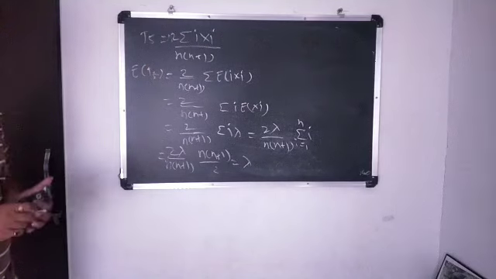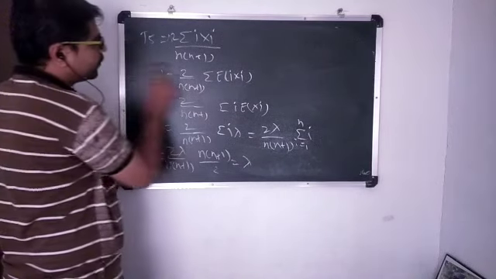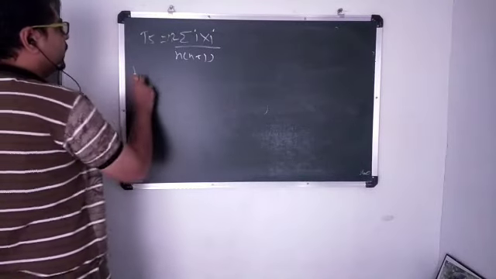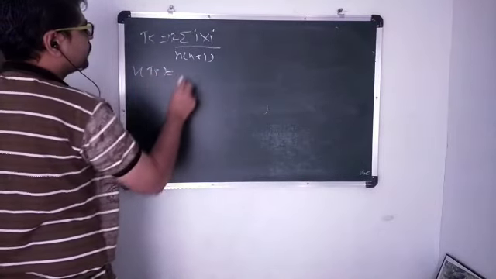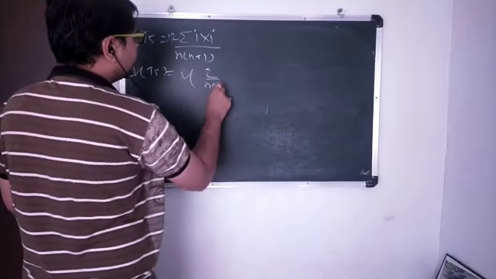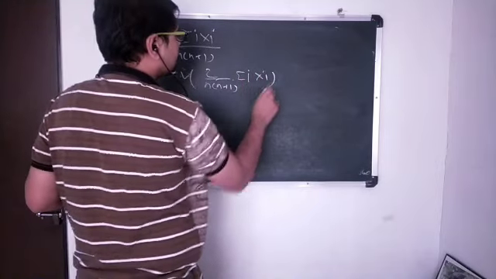So our first condition of sufficiency is proved. Now we will check its variance. The variance of T5 is the variance of 2 upon n plus 1 into summation i Xi.